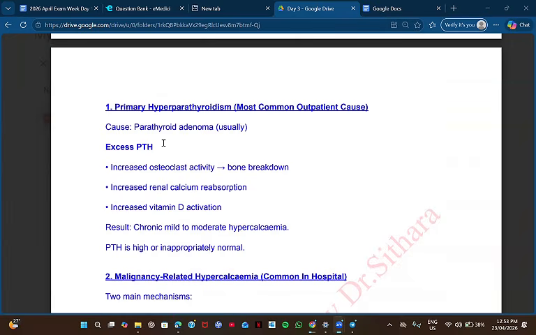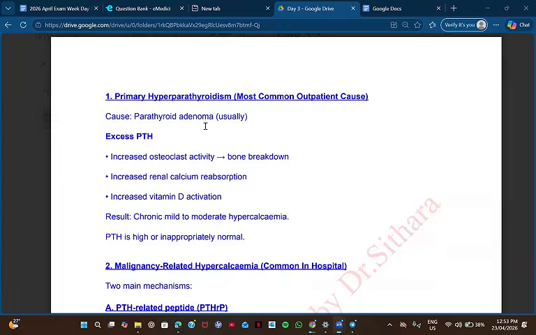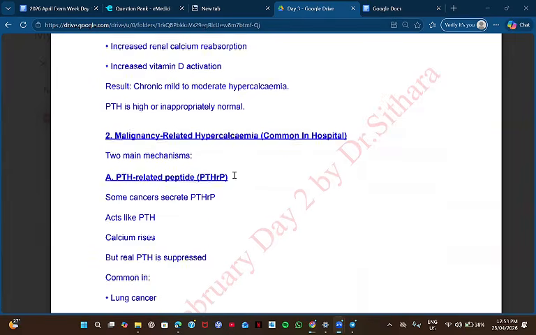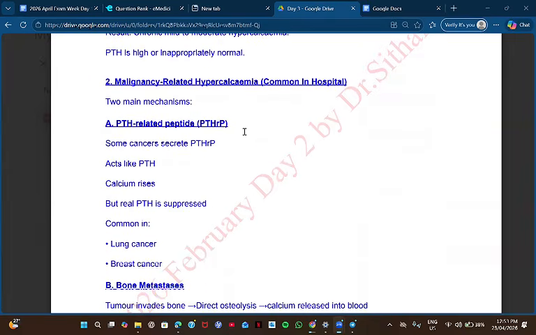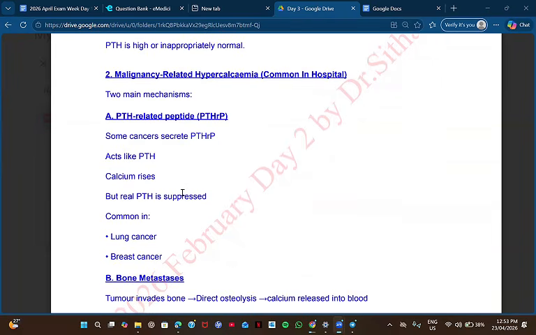Because if there is a parathyroid adenoma, it usually causes primary hyperparathyroidism, but this is not directly from the parathyroid gland. How does it happen? If there is a malignancy, for example lung or breast, something like that.